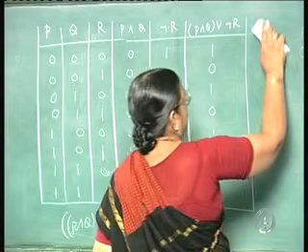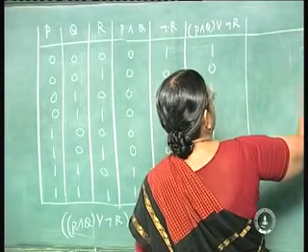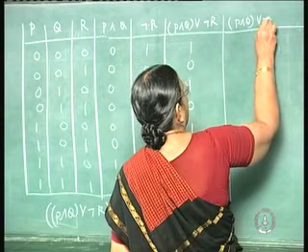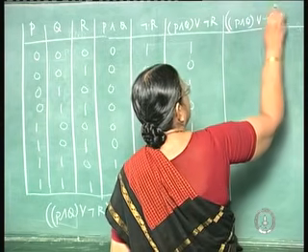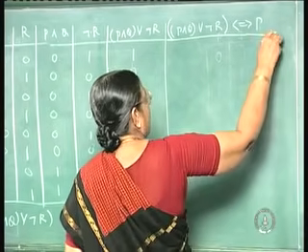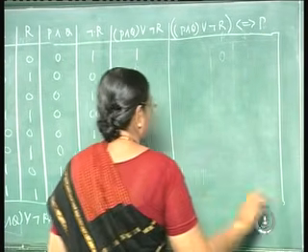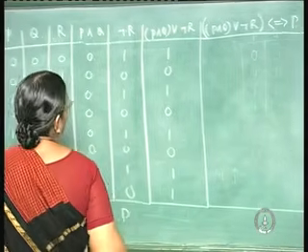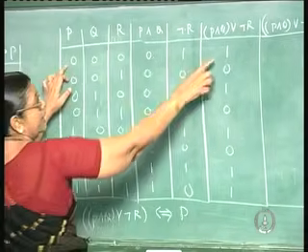Then the last column is like this, P and Q or not R, this is equivalent to P. When are two expressions equivalent? When they take the same value, 0 0 or 1 1. So you have to compare this and this.